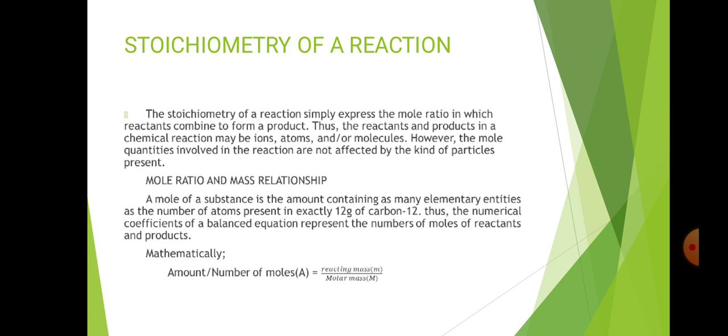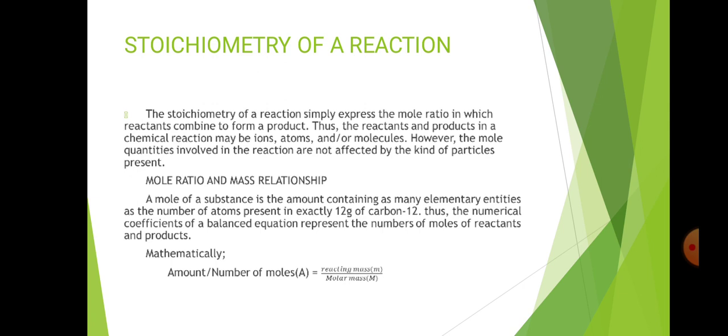So, stoichiometry helps us to understand the ratio in which reactants combine to give a particular ratio of products which are formed. That is, if A and B are to combine to give C and D, what is the ratio of A and B combining to form the ratio of C and D?